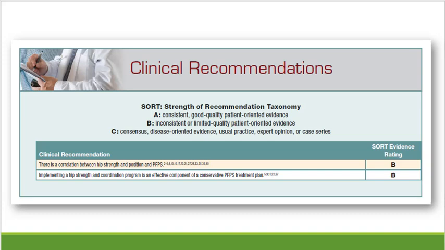And so we provided a clinical recommendation and then provided an A, B, or C score based upon the level of evidence that was available to support that clinical recommendation. You might see this in some journals. This is not something that we are going to ask you to do. I just wanted to make you familiar with it. If you were to submit to a journal such as Sports Health and you did a systematic review or scoping review, this would potentially be required.